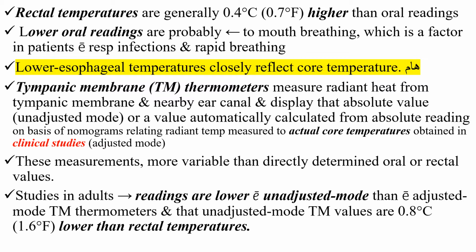These tympanic membrane thermometers measure radiant heat from the tympanic membrane and nearby ear canal and display that absolute value, in unadjusted mode, or a value automatically calculated from the absolute reading. This is important. It is on the basis of nomograms relating radiant temperature measured to actual core temperature.